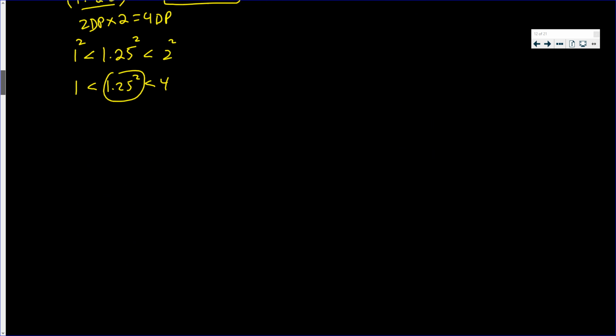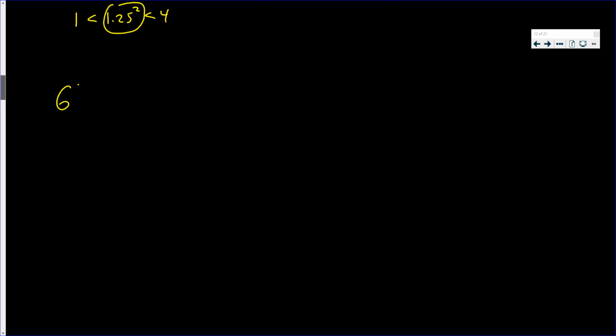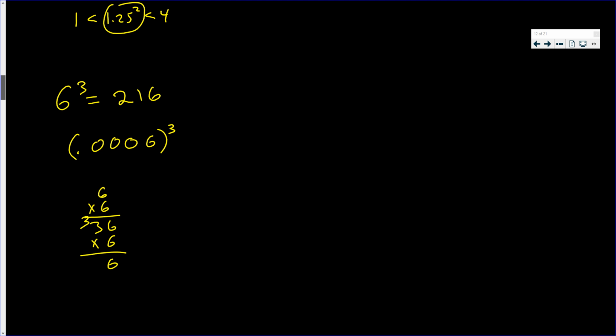Well, it turns out that 6 cubed is 216. Now, if you were asked to calculate this number by hand, you should really do 6 times 6 is 36, times another 6 is 36, 18 and 3, 216. Okay, so now you have this. This here is a 4 decimal place number.